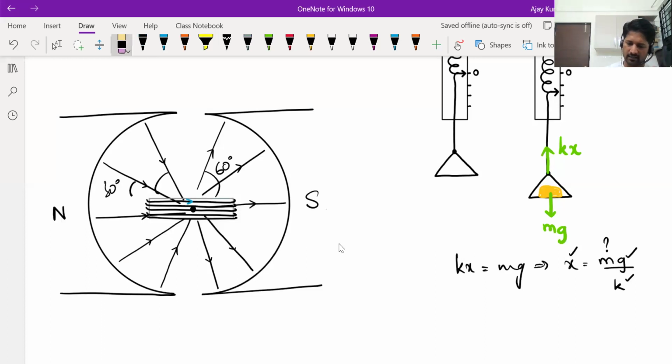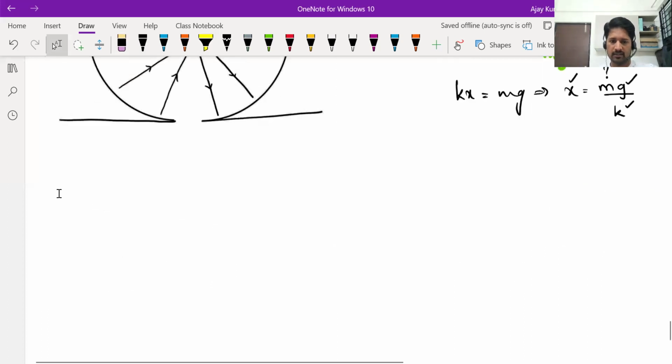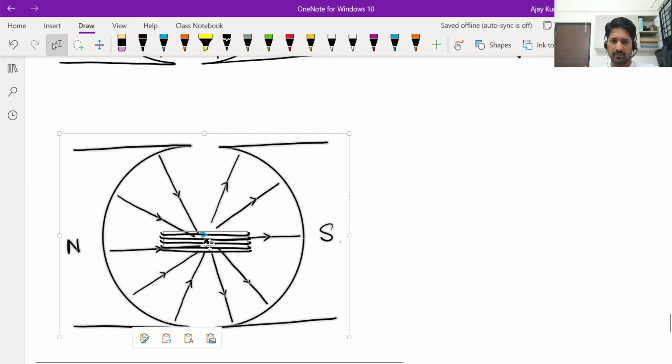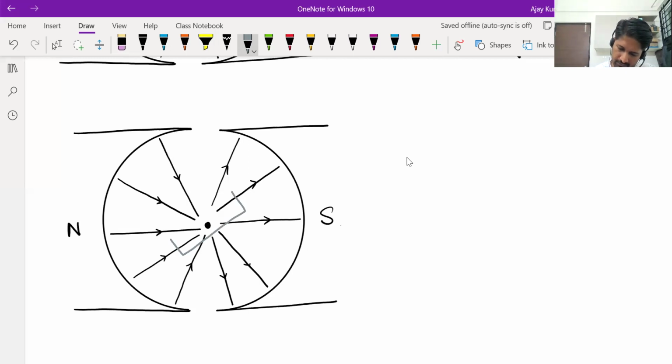It's a radially directed field. When you rotate this loop, let's consider a separate diagram. The magnetic field stays the same. We are not disturbing the magnets. Suppose the orientation of the loop changes to somewhat like this.